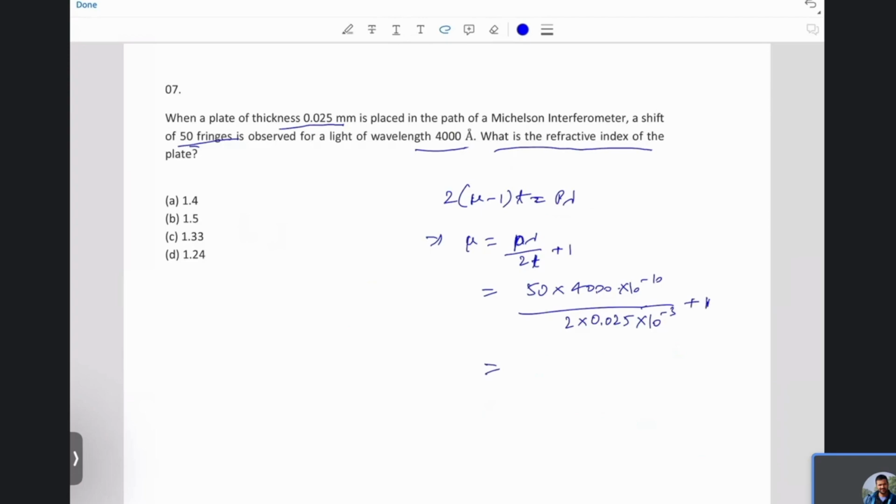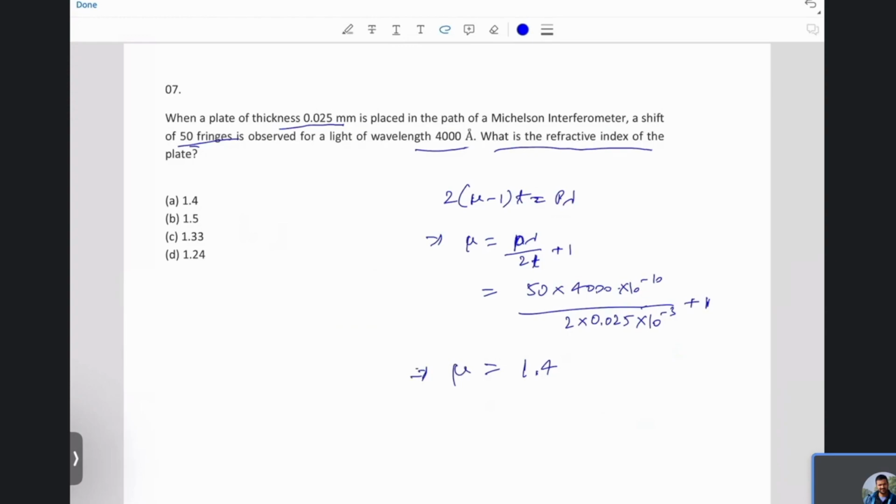So if you calculate everything, you will get 1.4. This is the refractive index of the glass plate.